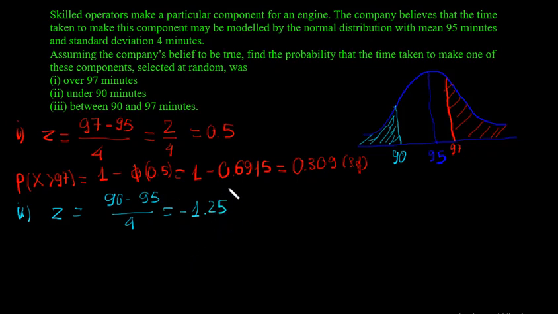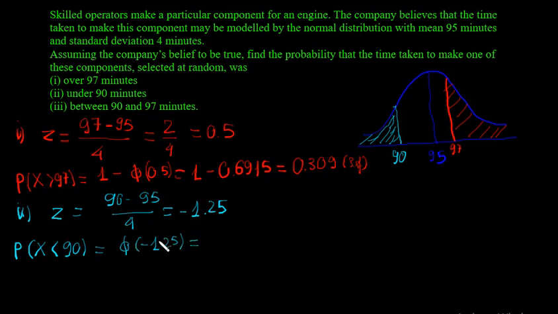This one is a negative value, so how can we find it? As I introduced before, P of X smaller than 90 equals phi of minus 1.25.